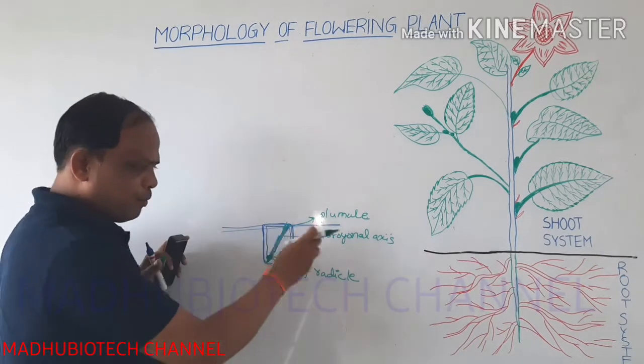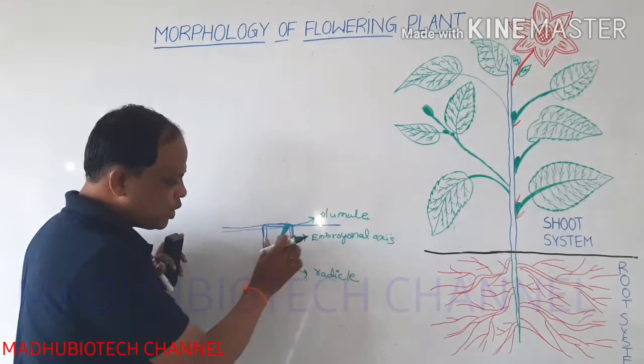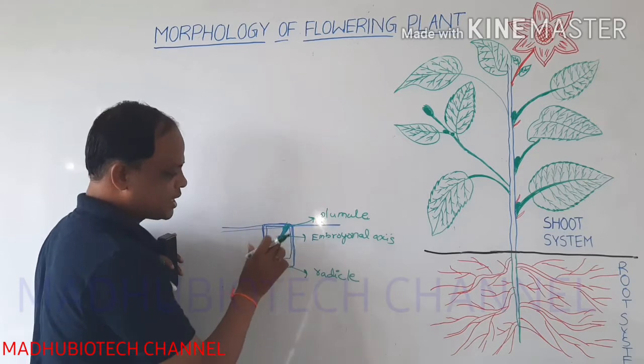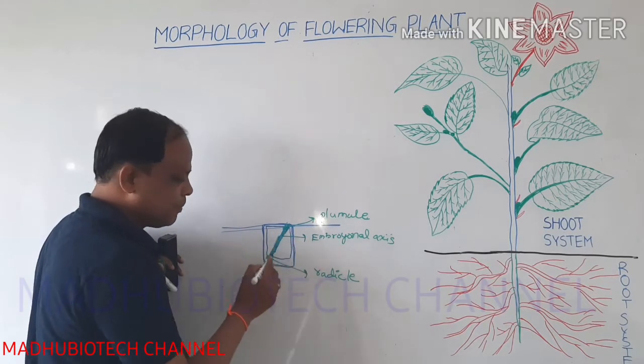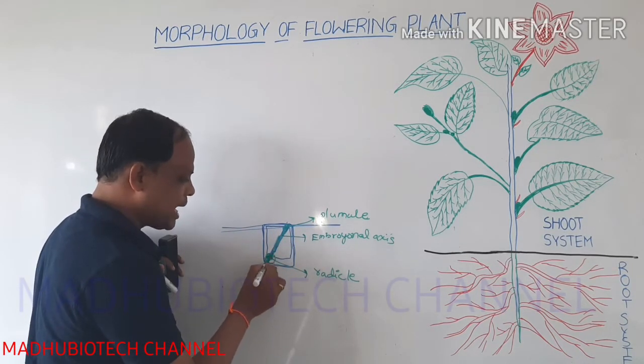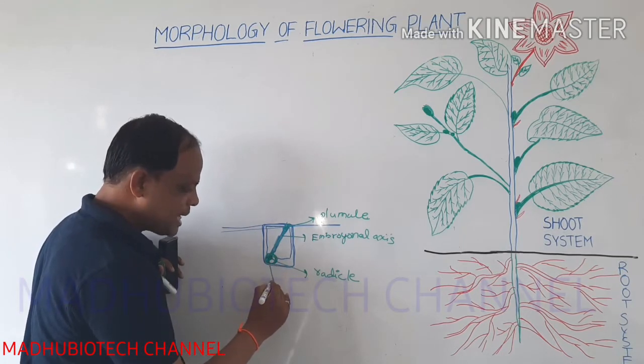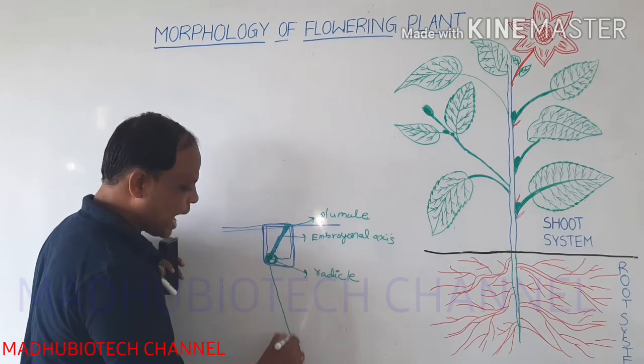When we put the seed inside the soil, the germination process is carried out inside the seed. The radicle grows down into the soil as a vertical axis.